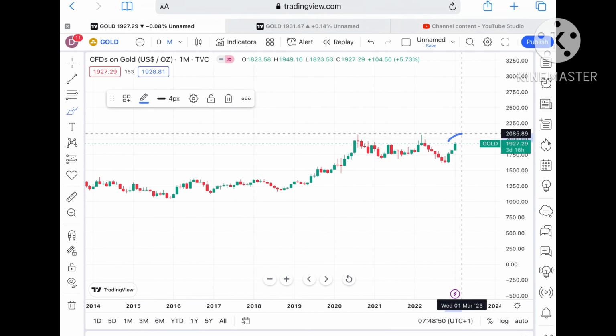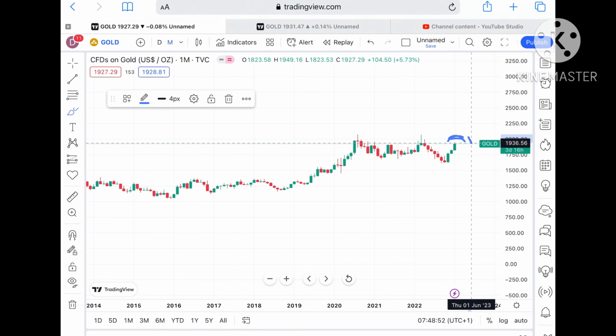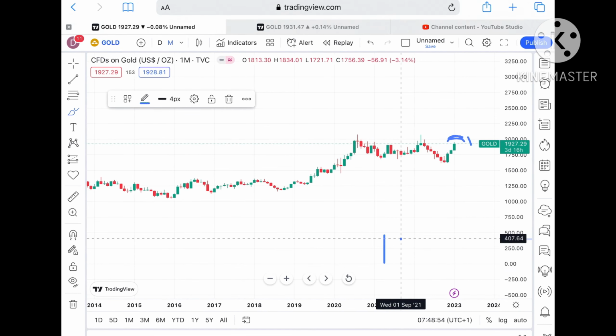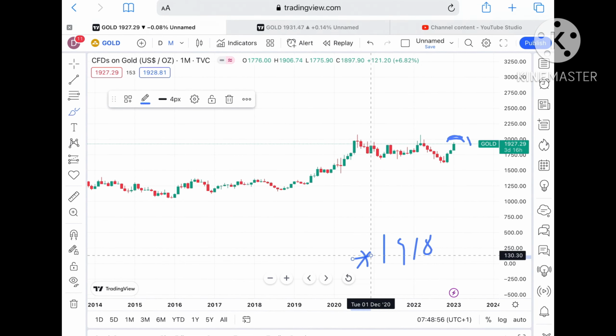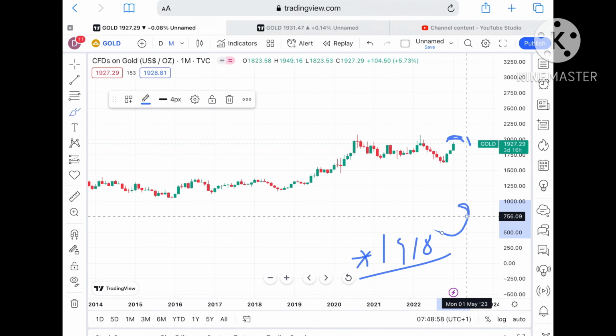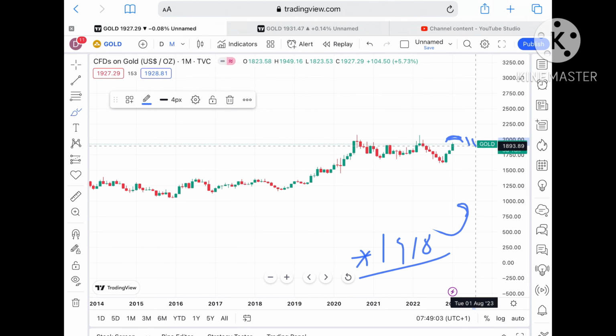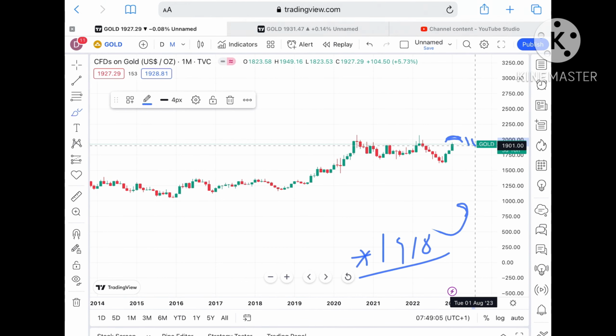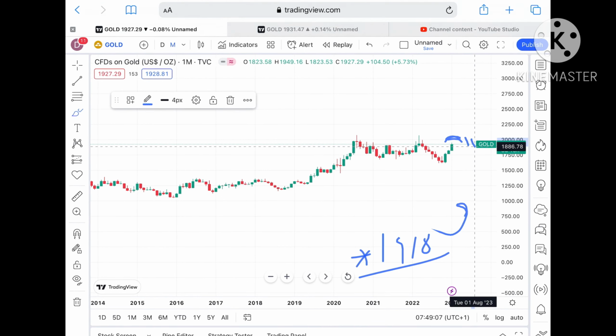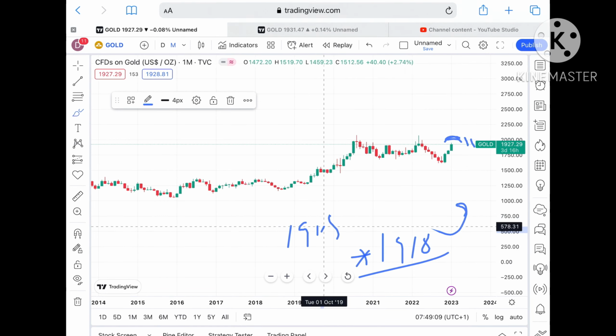But suppose it forms a swing at this particular level, if it touches a particular support of $18, this is a strong support. You have to keep that in mind. We can see a bounce back can come from this particular level, but if it goes below this zone, then we can see it can touch a level of around 1915, and then from there a level of $1886.